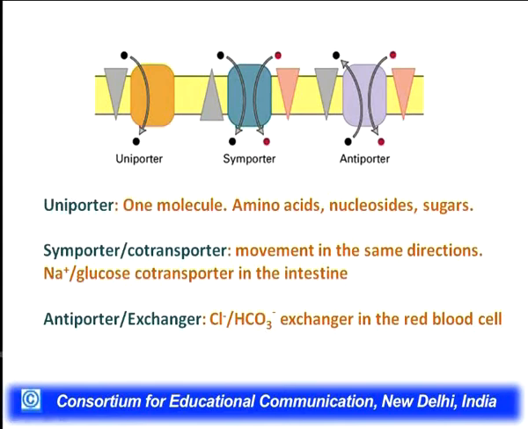We will see in detail the example, the sodium glucose co-transporter in the intestine. And then there is a term called antiporter or exchanger. Antiporter or exchanger means that the two molecules move through the transporter in opposite directions. So one is coming in one direction and the other is going in the other direction, and it is termed the antiporter or the exchanger. We will see the chloride bicarbonate exchanger in the red blood cell as a type of antiporter.